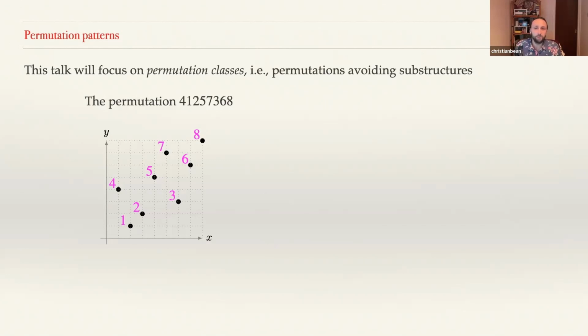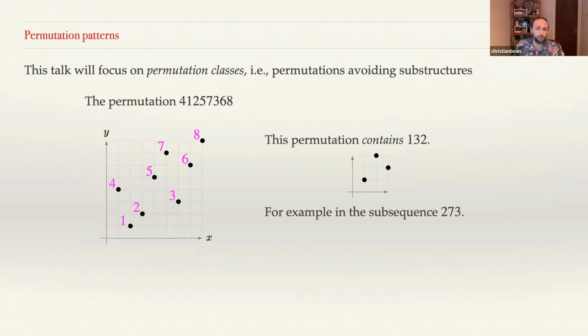We are interested in patterns. So what do I mean by a pattern containment? So we say that a permutation contains another permutation if it contains a subsequence, not necessarily consecutive, that is in the same relative order. So for example, our permutation here contains the permutation 1, 3, 2, which can be seen by looking at the subsequence 2, 7, 3, for example, since the 2 is the smallest, 7 is the largest, and 3 is in the middle.